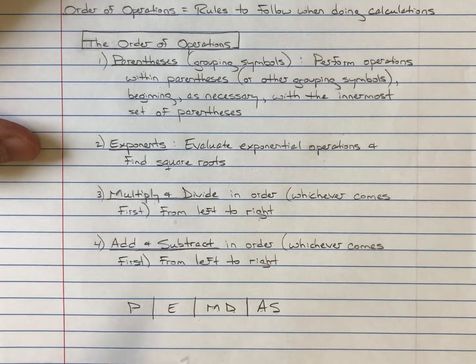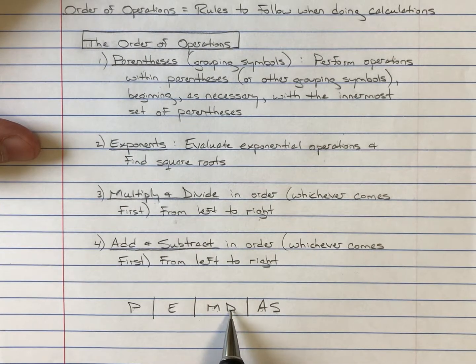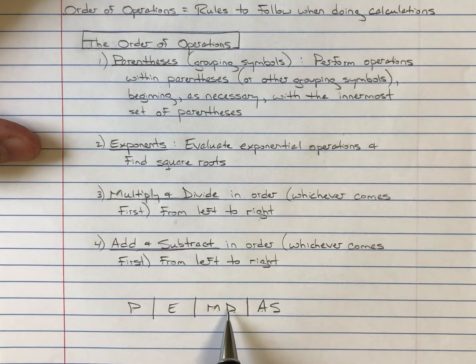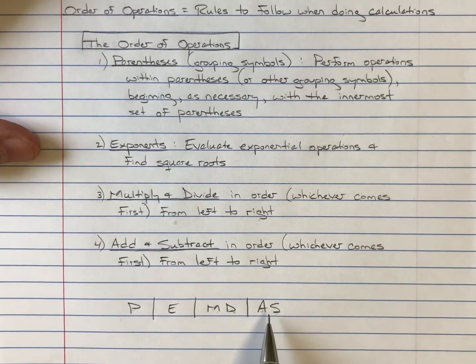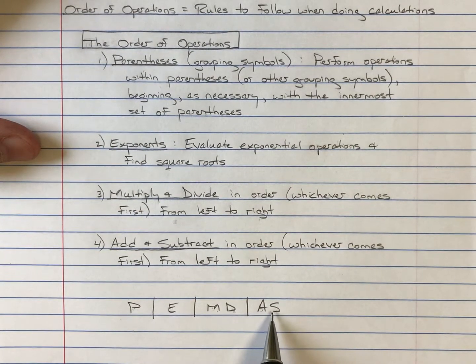And that's not true. "My dear" just means that multiplication and division are together. What comes first is what comes first when you read it left to right. So the "my dear" and the "Aunt Sally" portions group these things, but don't let that tell you that addition comes before subtraction. It doesn't. Addition and subtraction are determined by whatever comes first as you go from left to right.